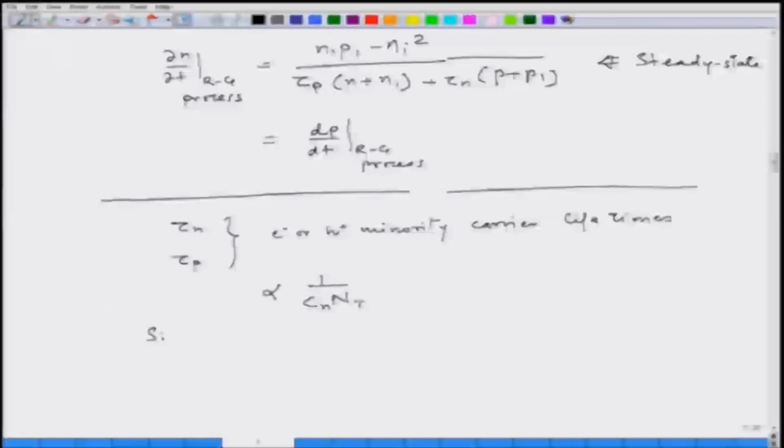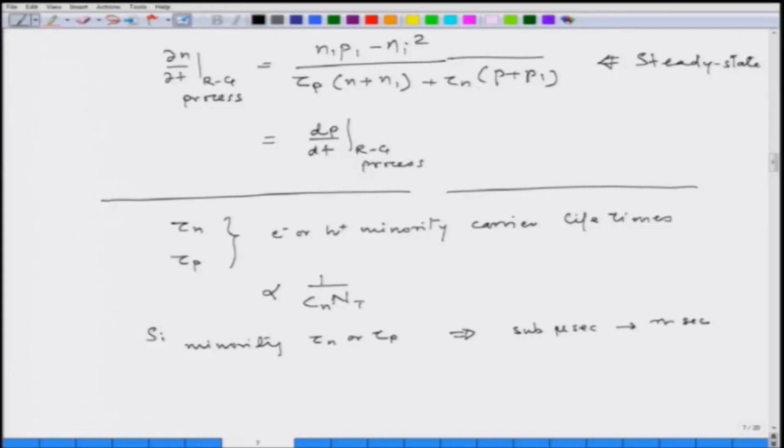So, typically if I take silicon, I would find the minority carrier lifetime, basically tau n or tau p, can range from sub-microseconds, microseconds in that range, to the range of milliseconds.